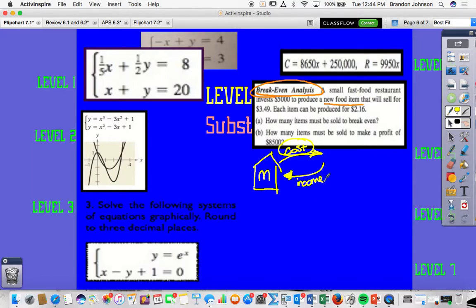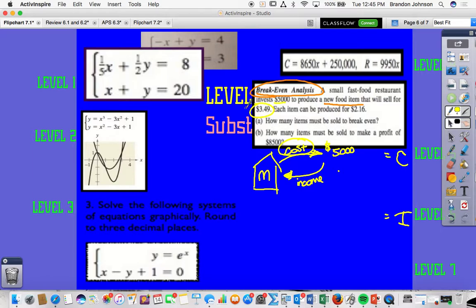So really we have two equations happening: a cost and an income. First we can set up our C, which is our cost, and second, our income, which would be I. Let's talk about our cost first. We know that we initially invest $5,000, which is a flat rate to produce this new food item. I will also sell it for $349, but notice the $349 is not my cost.